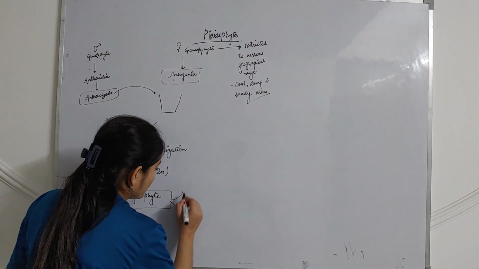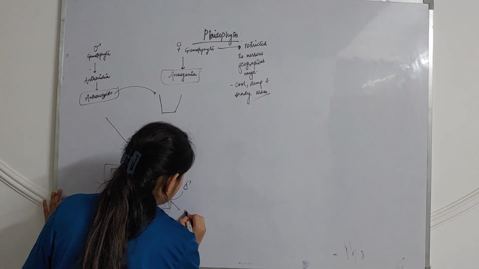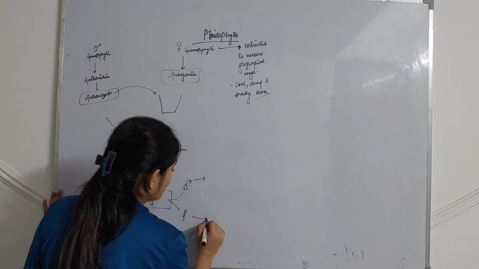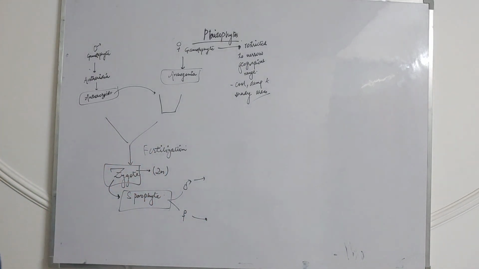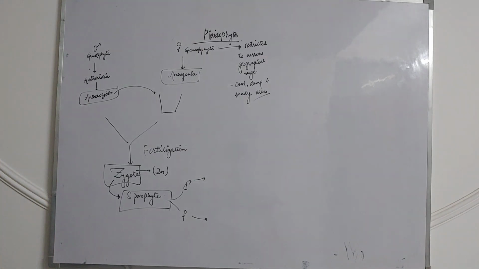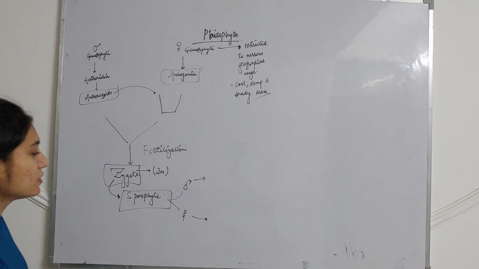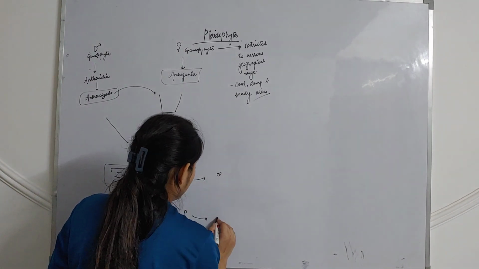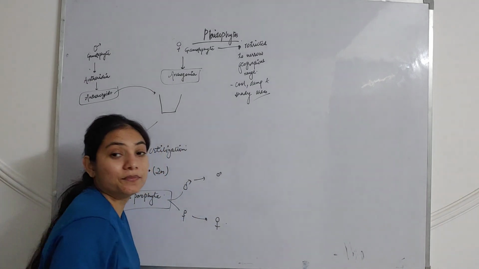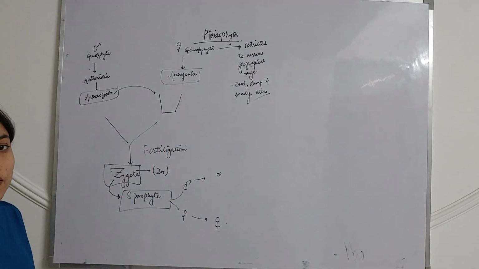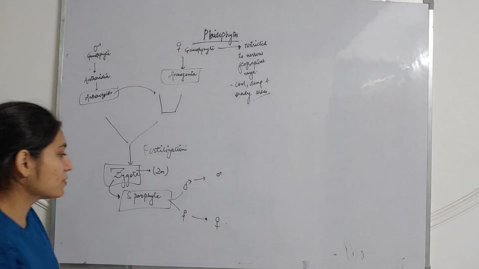As I told earlier, there are two types of spores, male spores and female spores. The sporangia bear spores, and they give rise to male gametophyte and female gametophyte. These are thalloid bodies and photosynthetic in nature.